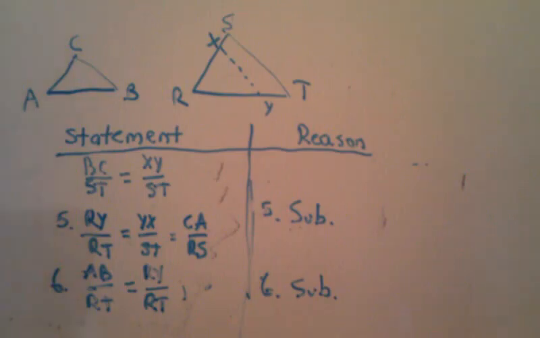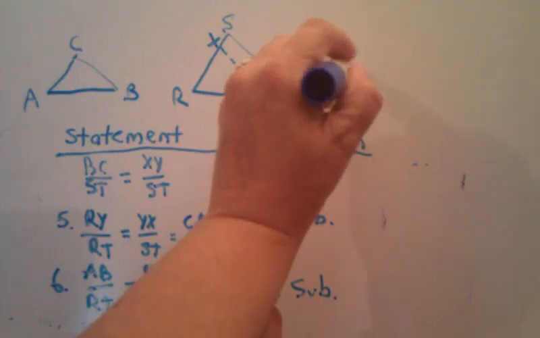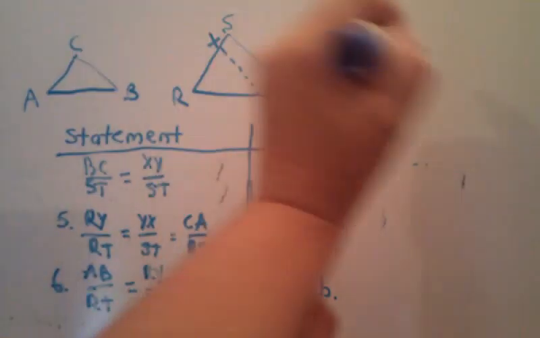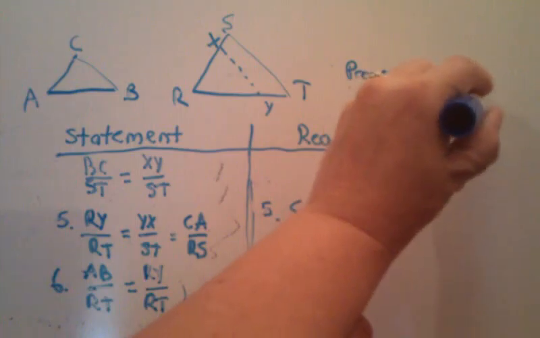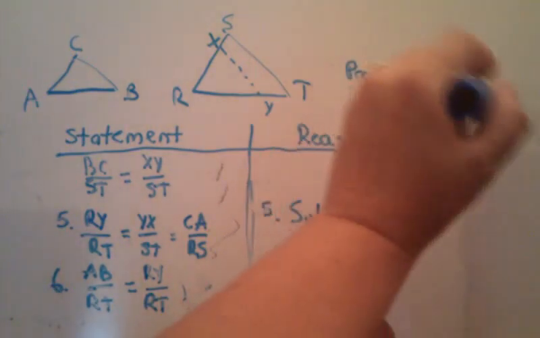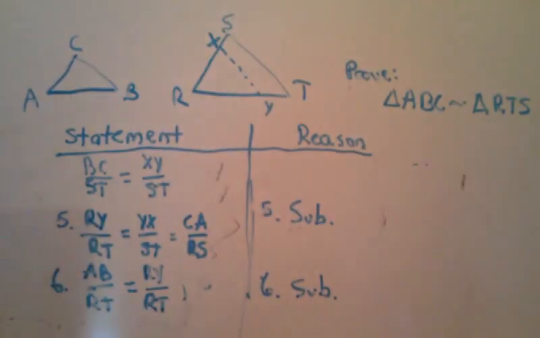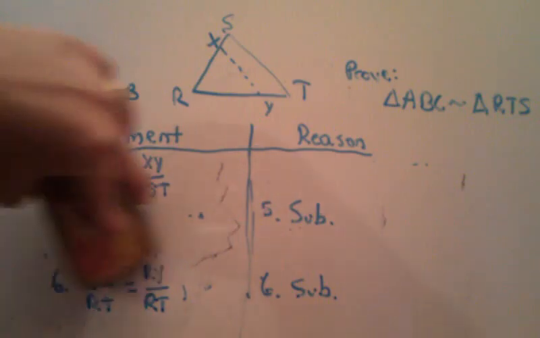Okay. So the next step would be, well, I didn't put on here what you were supposed to prove, so I guess I forgot to write it. We're supposed to prove that triangle ABC is similar to triangle RTS. Okay? That's what we're trying to prove. So let's look at number 7.